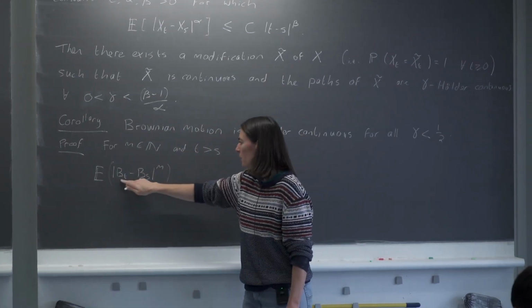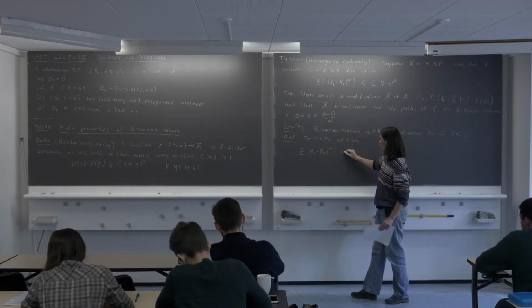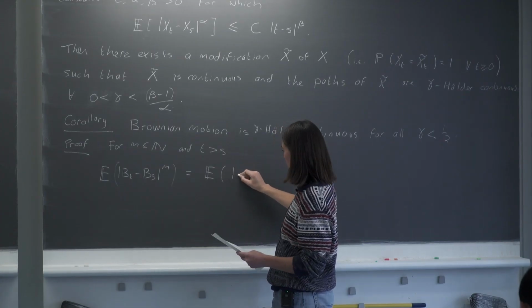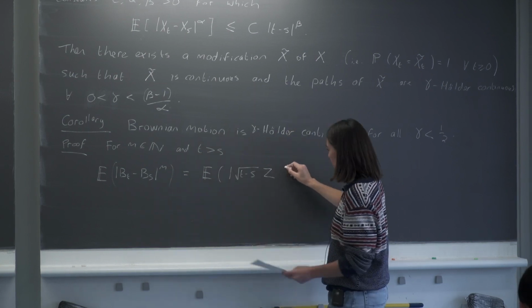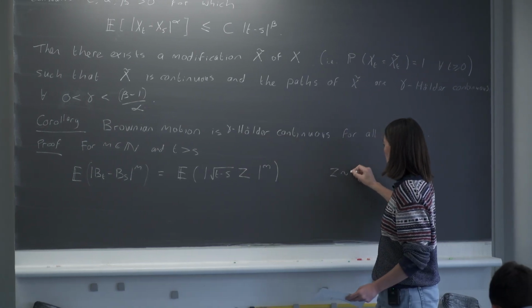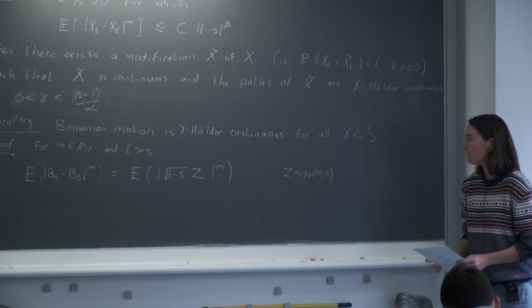Well, we know the distribution of this. This is just a normal 0, t minus s random variable, and so this is exactly the same as the expected value of the square root of t minus s times Z to the power of m, where Z is just a standard normal 0, 1 random variable.